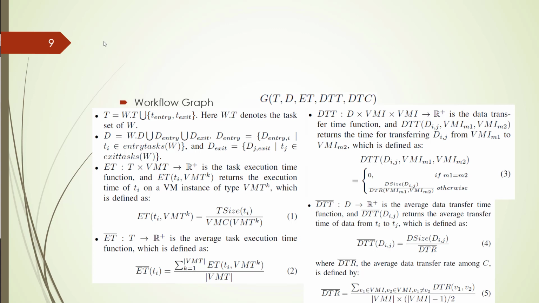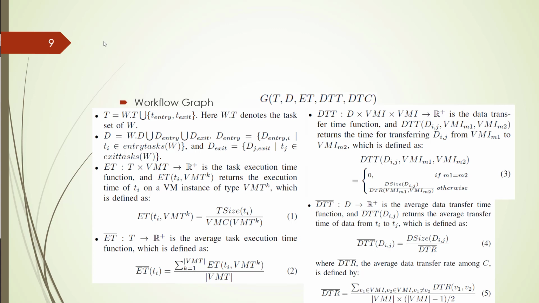ET, that is the Cartesian product of the task and the virtual machine type to positive real numbers, is the task execution time. The task execution time of task T_i on virtual machine type K is the execution time of task T_i on a virtual machine instance of type VMT_K, which is defined as ET equal to the task size divided by the virtual machine type cost.